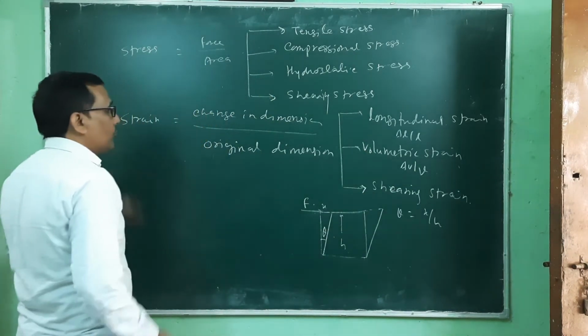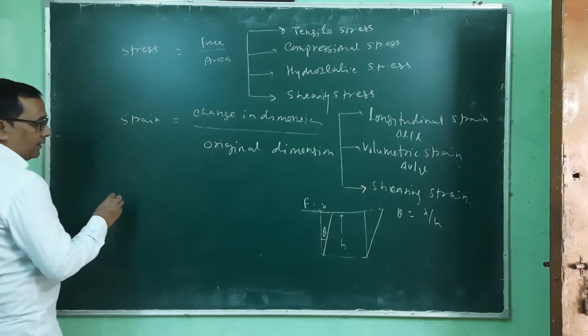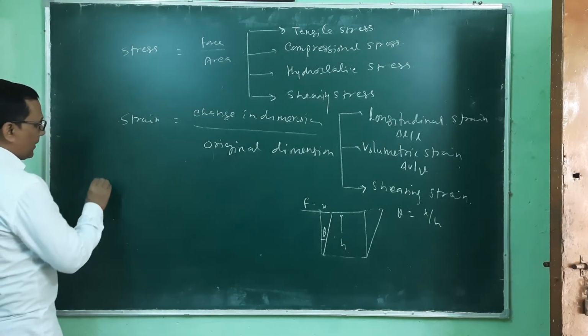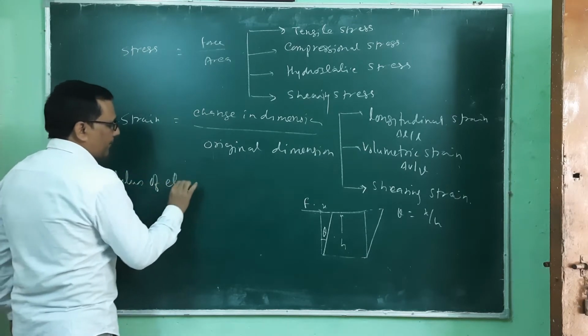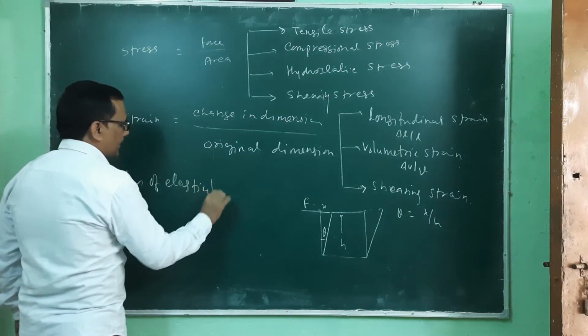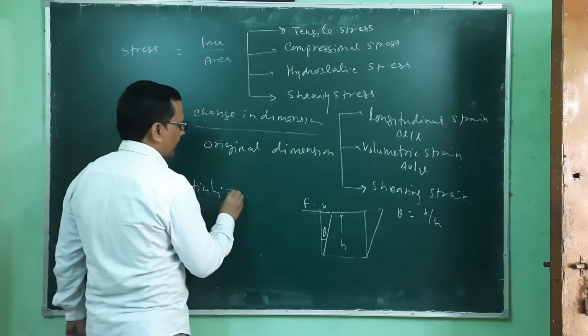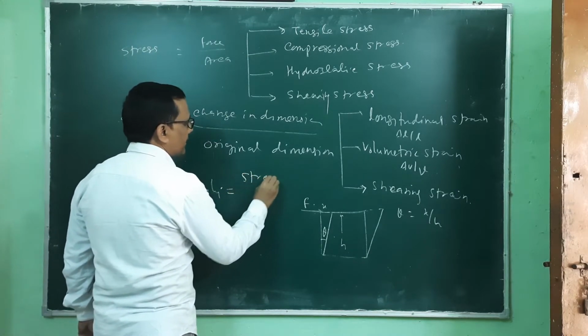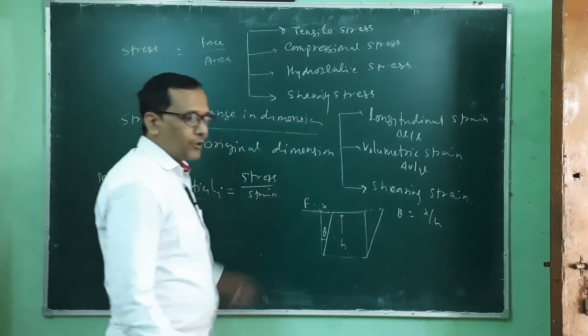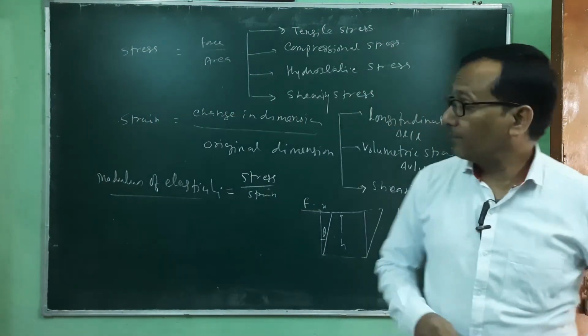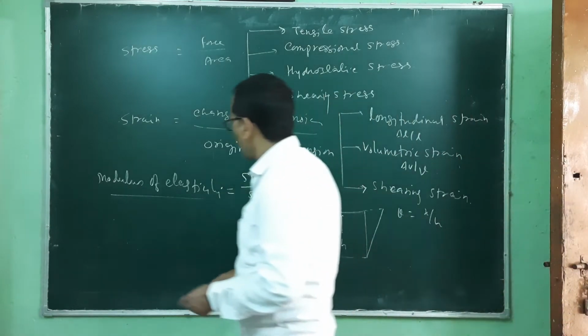And the ratio of these two, stress by strain, is known as the modulus of elasticity. The ratio of these two physical quantities is known as the modulus of elasticity.